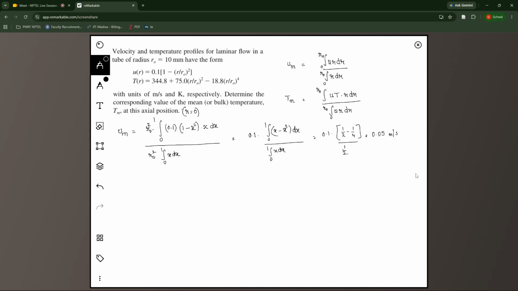Now similarly we can also calculate the Tm value, where we use the same kind of transformation. So we have an r naught square in the numerator and denominator that I'm removing. So we have 0.1 times the integral of this entire quantity. First integral 1 minus x square into, for T we have minus 18.8 x to the power 4, x dx, divided by 0.1 into integral 0 to 1 x minus x cube dx.